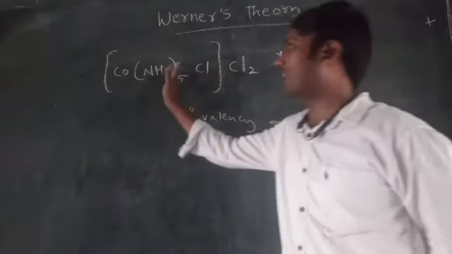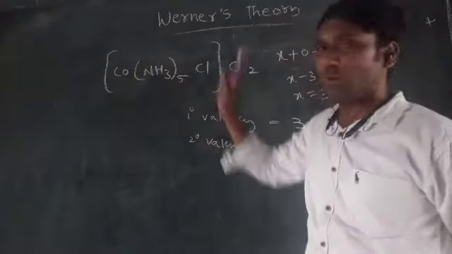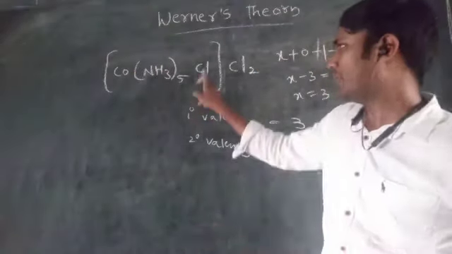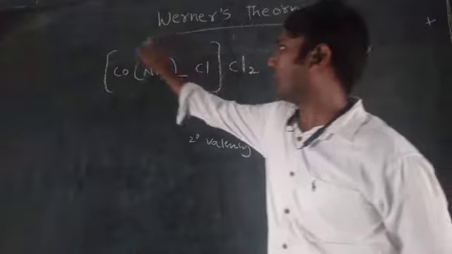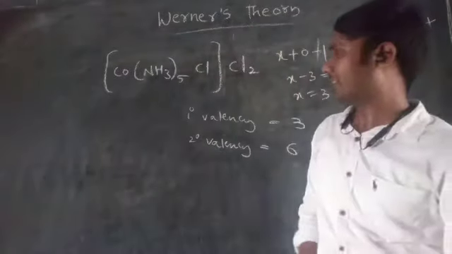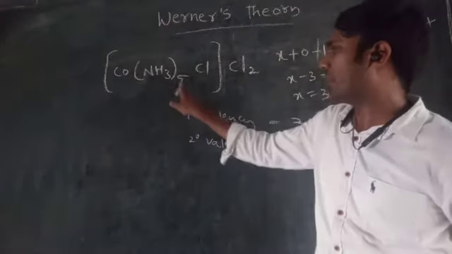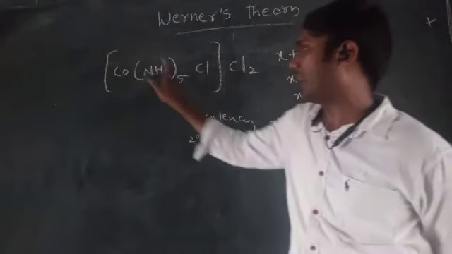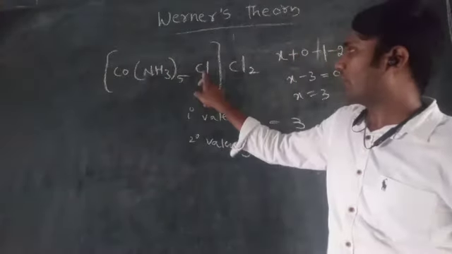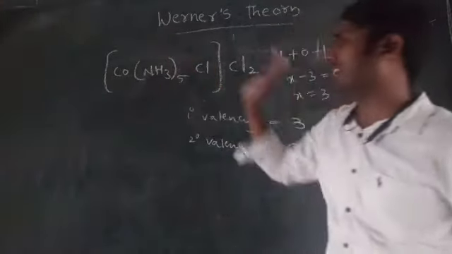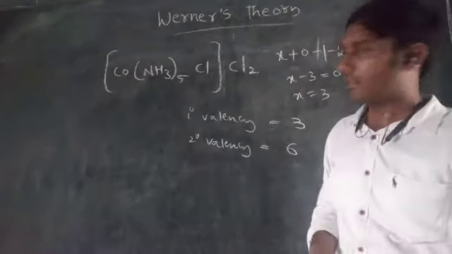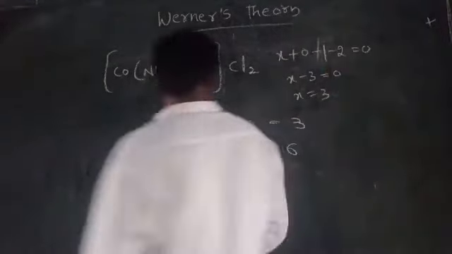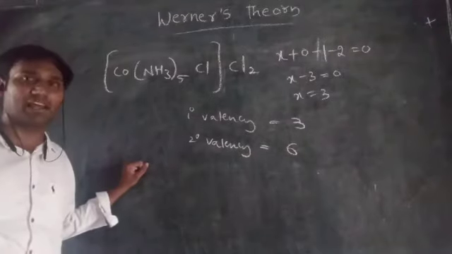Here ammonia is the ligand, donating 1 electron pair because ammonia is a monodentate ligand. At the same time, 1 chlorine is present, and this chlorine also donates 1 electron pair to the cobalt. 5 ammonias are present, each donating 1 electron pair, totally 5 electron pairs. And 1 chlorine donating 1 electron pair, totally 6 electron pairs donated to the cobalt. That means the coordination number of the cobalt here is 6. So secondary valency is 6.